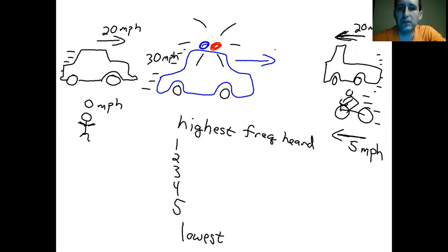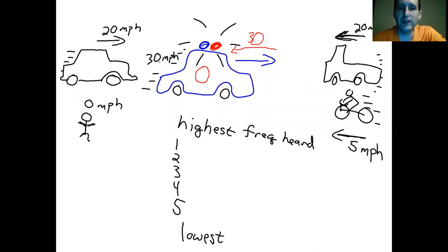So we're going to go into the police car's frame of reference, and we do that by canceling out his motion. So if his motion is 30 miles per hour to the right, we're going to cancel that out by adding a vector of 30 miles per hour to the left. So 30 to the right plus 30 to the left ends up giving the police car a velocity of 0.